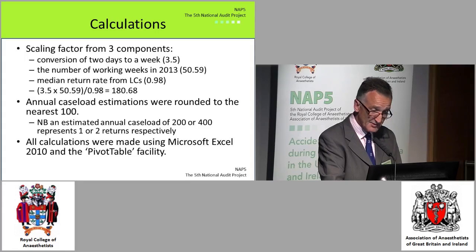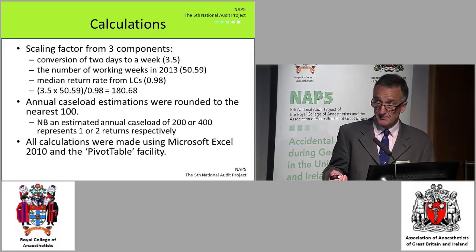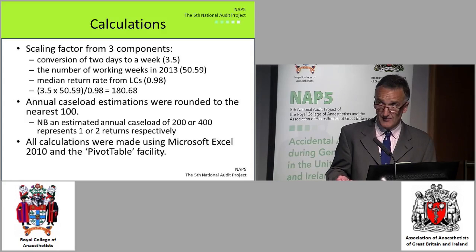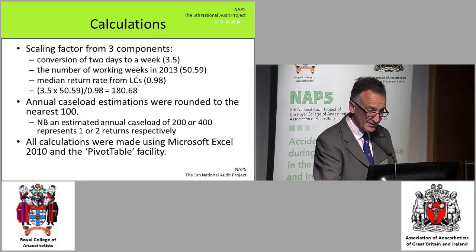So using those, the multiplication factor of 180 or so was used to calculate an annual estimate of the caseload. And because that's 180, we can say, well, we're going to round them off to 100. And therefore, when you're looking at annual caseload, you can see that if there are 200 cases, well, that equates to 1 form. Okay, that's important.